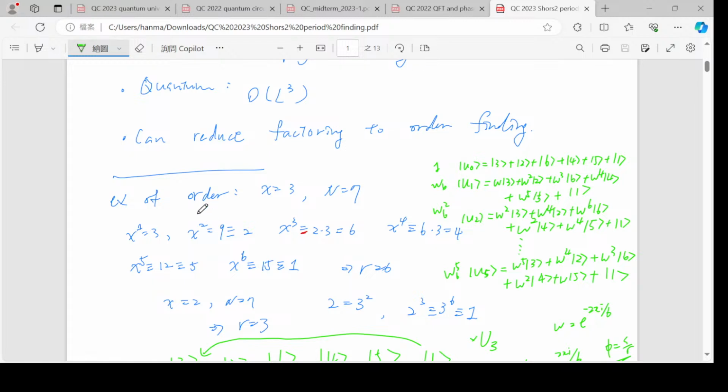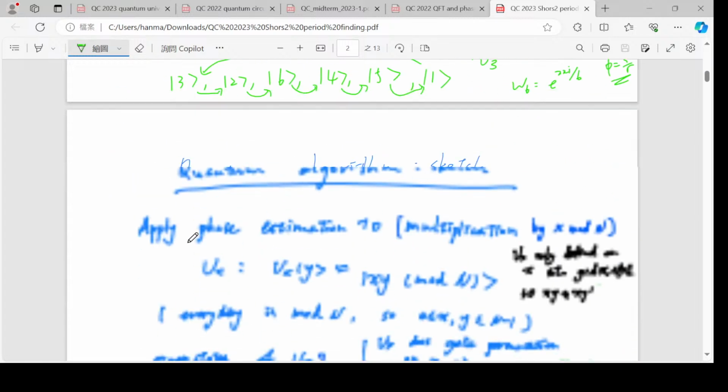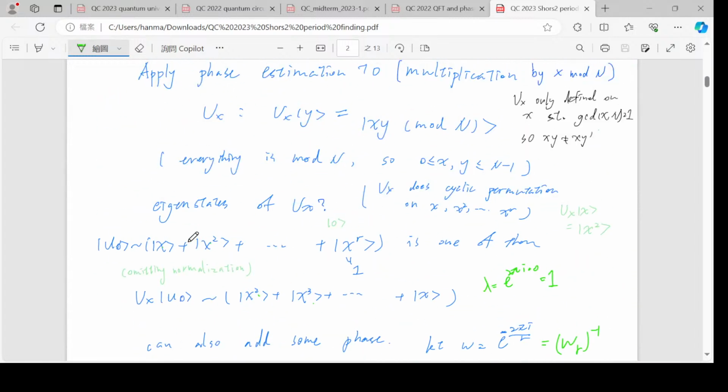The quantum part of Shor's algorithm is to use phase estimation to solve this order finding problem, because if you start from 1 and keep multiplying by x, they will cycle through these 6 numbers. And so we think about this multiplication unitary, a unitary labeled by x.